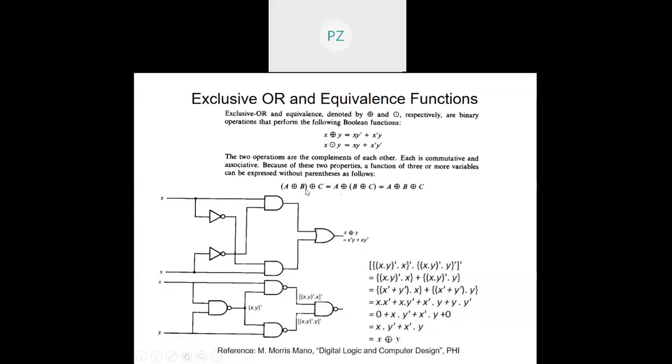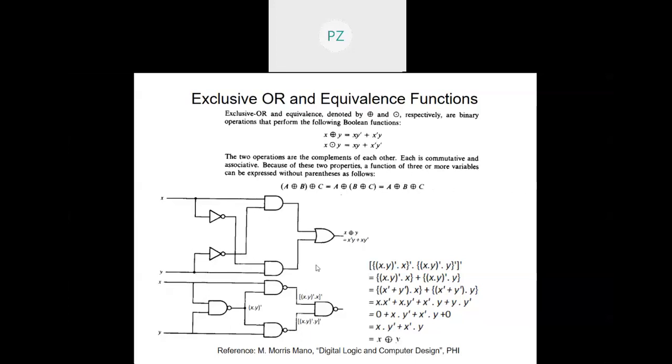A exclusive OR with B, this whole exclusive OR with C, is equivalent to A exclusive OR with B exclusive OR with C. So likewise, we can write any number of variables without parentheses. Had there been four variables, I could have easily written A exclusive OR with B, exclusive OR with C, exclusive OR with D, and so on.